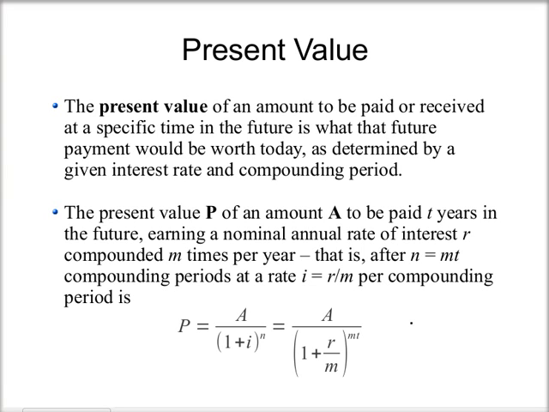If you remember, that formula was A is equal to P times (1 plus I) to the power N. And here I've just divided both sides by (1 plus I) to the N to move that over. So I'm just solving for P here instead of A.